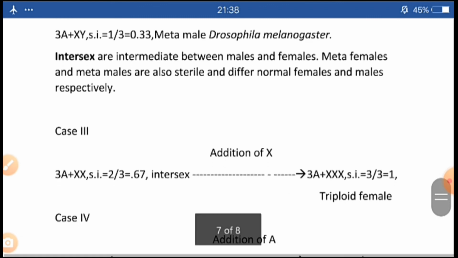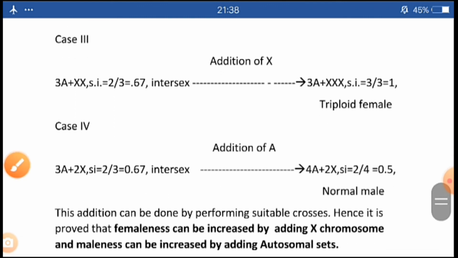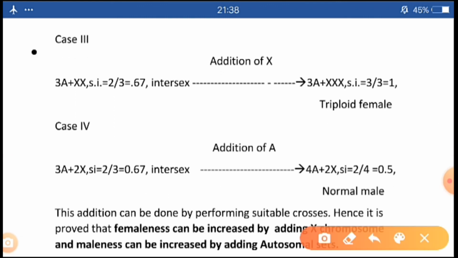Let us consider another case. Previously, we have seen that by increasing X and A, the femaleness and maleness are increased respectively. Okay.